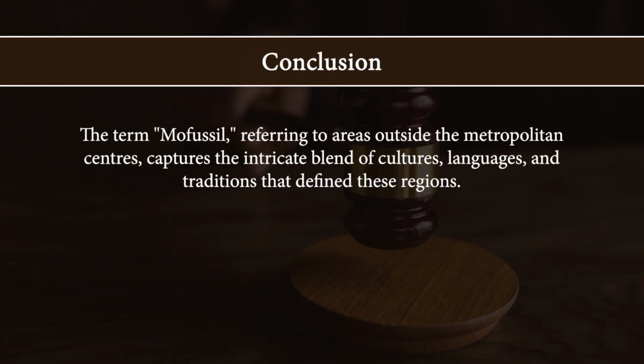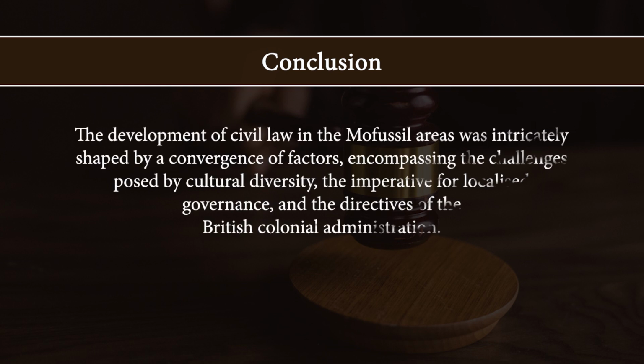The term Mofussil, referring to areas outside the metropolitan centers, captures the intricate blend of cultures, languages and traditions that defined these regions. The development of civil law in Mofussil areas was intricately shaped by a convergence of factors encompassing the challenges posed by cultural diversity, the imperative for localized governance and the directives of the British colonial administration.